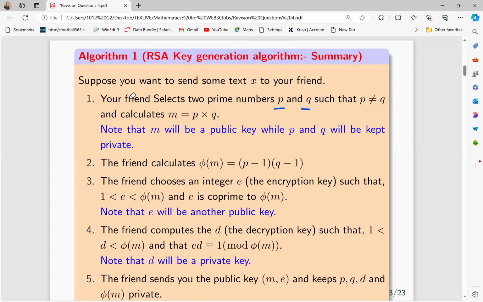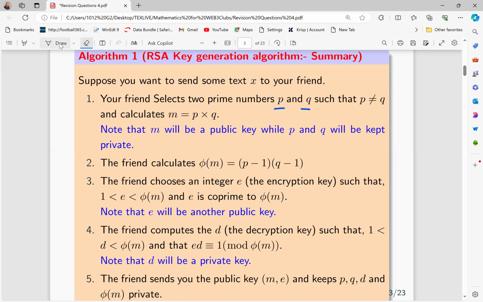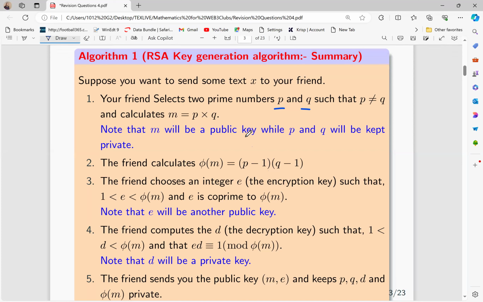The role is just to calculate D, which is going to be used to decrypt. But let's just see how to calculate D. D is the inverse of E.